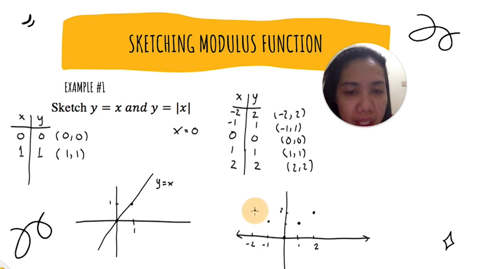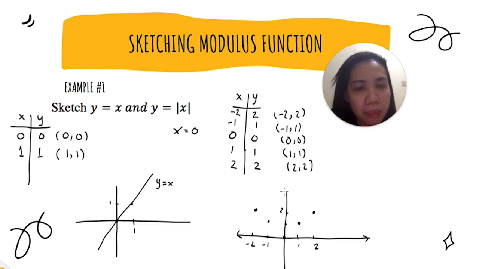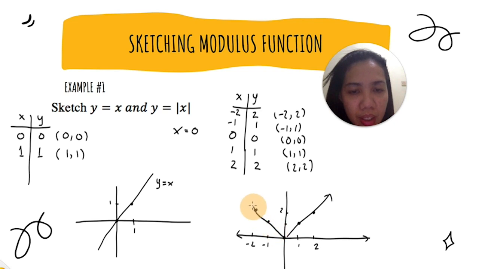Let's link all the points here. From the right side we can have this line, from the left side we can have this line. Okay, and it goes up and also goes up. Then we have this graph. This is the graph of y equals the absolute value of x.